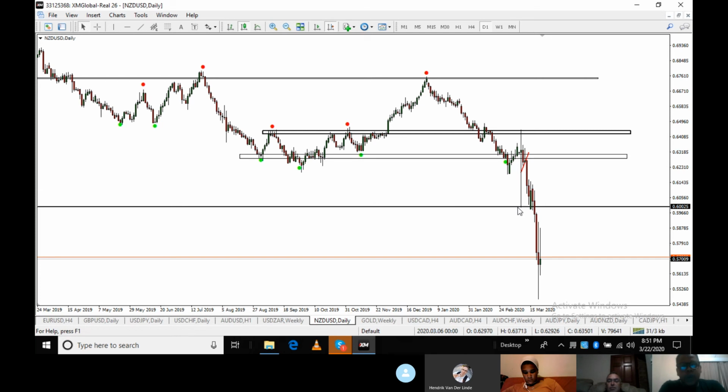So the weekly zone will push it away once, and price will come back to where it got rejected from, and then it will actually fight.